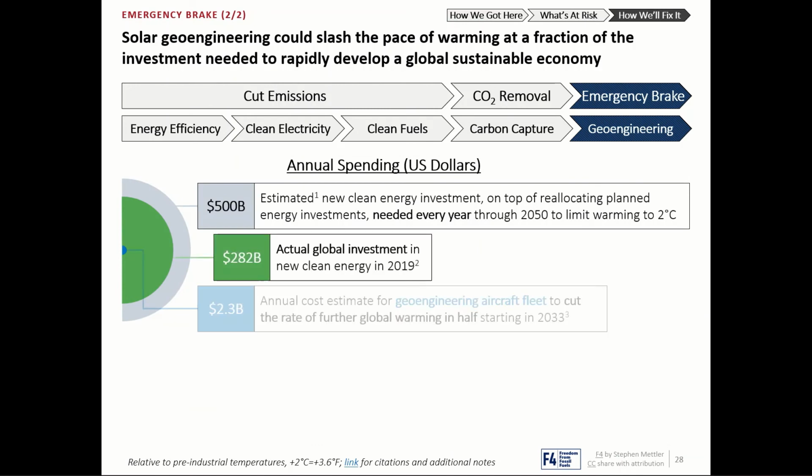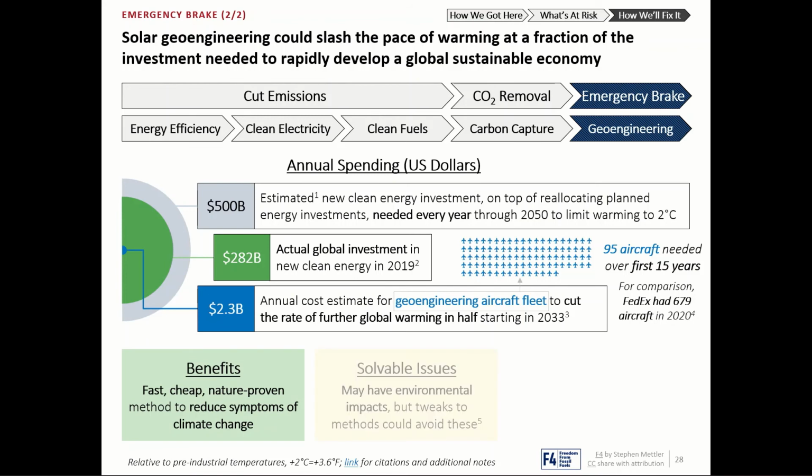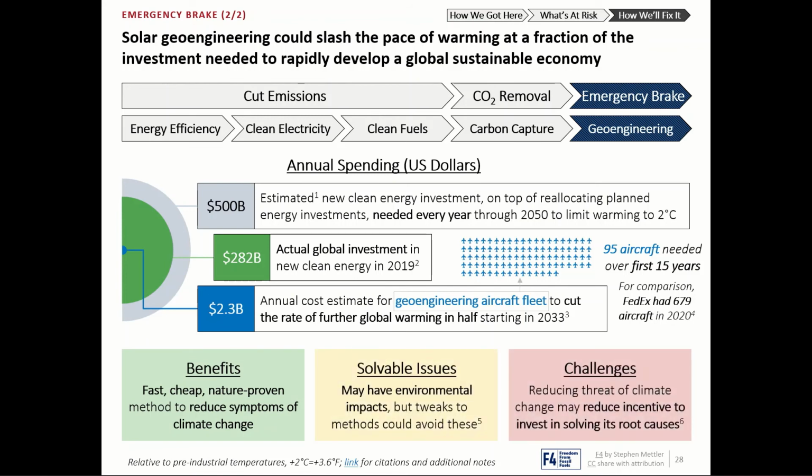The additional benefit here is that compared to large-scale investment to solve the actual problem, this Band-Aid for addressing the symptom would be relatively cheap and logistically relatively easy, which is part of why people are so understandably scared of it. You know, the real threat here is that people see it as an alternative to core climate action, and that is simply not true.